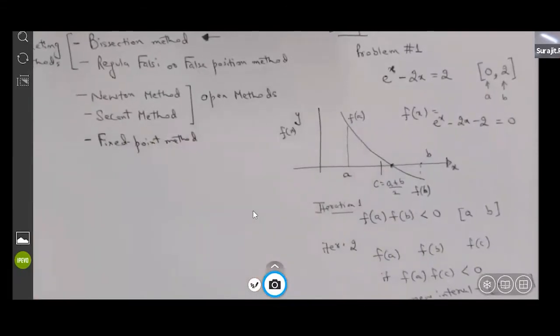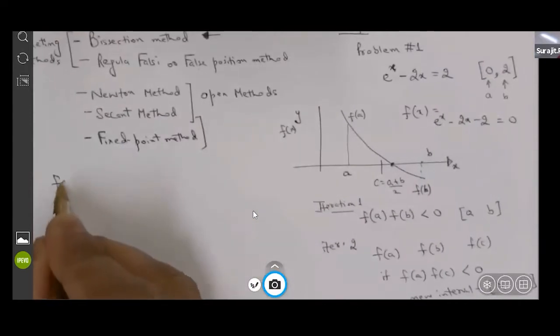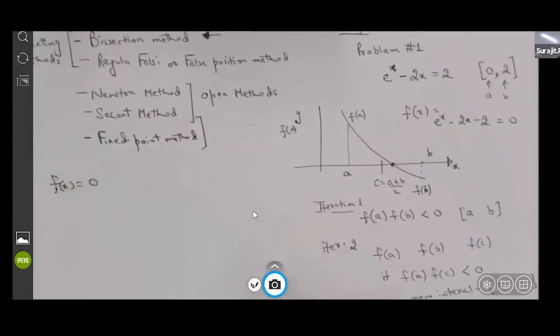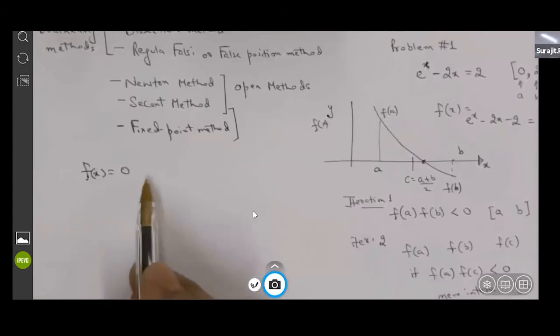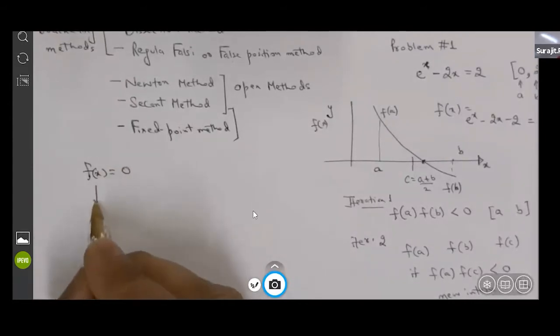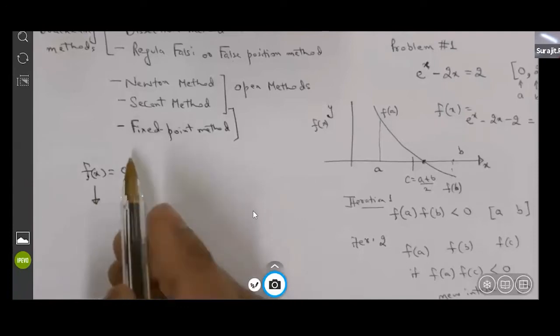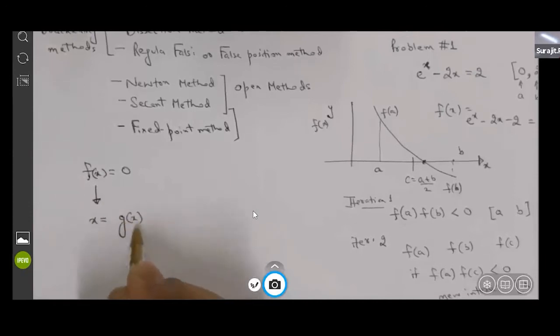What the fixed point iteration method says is that if you are given an equation to solve, let's say you need to find a root, you want to find a value of x such that it satisfies f of x equals 0. That's what we have been doing so far. So you try to find another function, or rewrite this function, in the form x equals g of x.